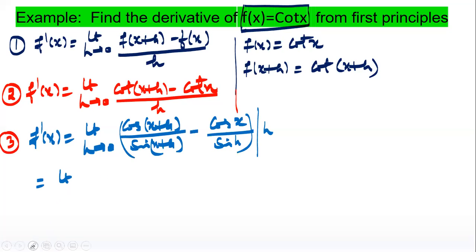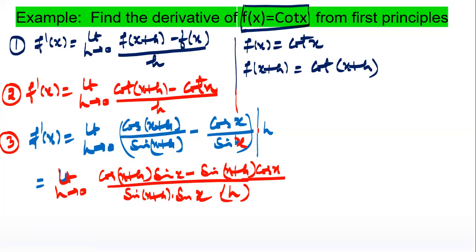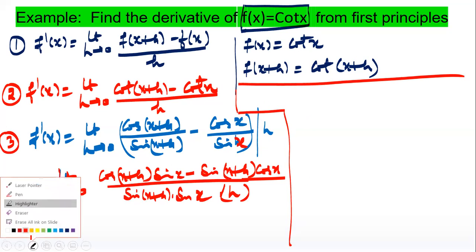Equals limit h tends to 0. Taking the LCM, the LCM will be sin(x+h) into sin x, and h will remain as it is. Taking the LCM, we will get cos(x+h) sin x minus sin(x+h) cos x. Now, what is the formula for it?